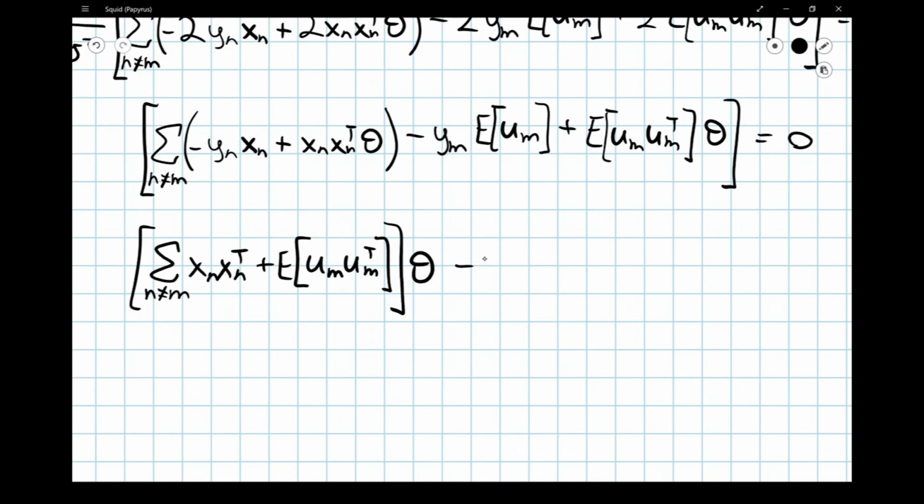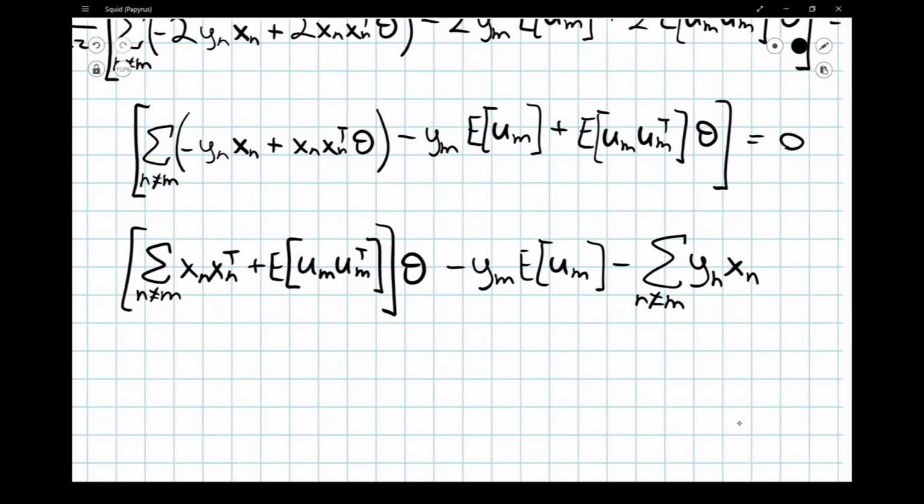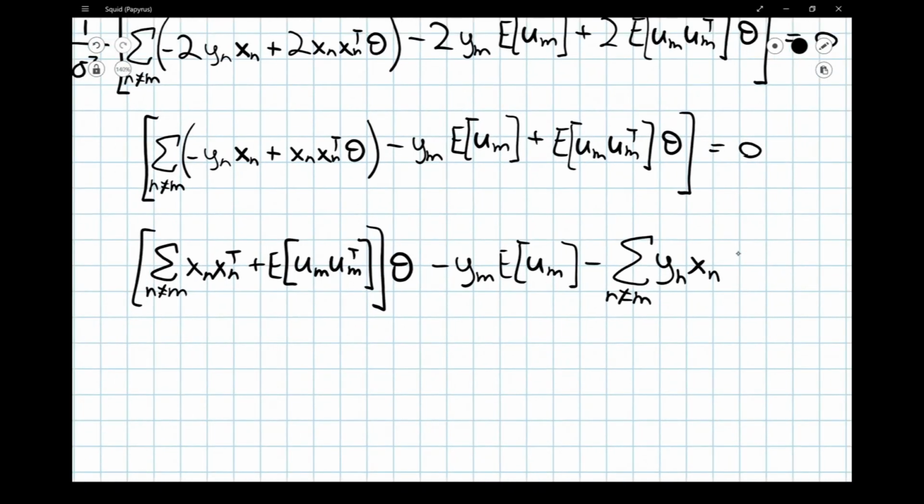So we have a minus ym expected value of, and then we also have this thing here as well. So we have a minus, and then we've got a summation for all the other n's multiplied by xn, and that's equal to 0.